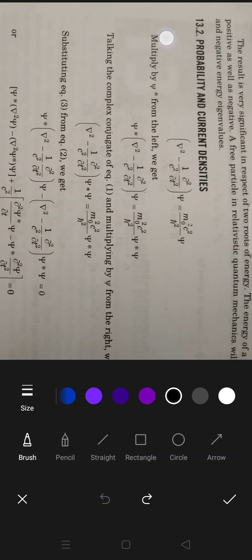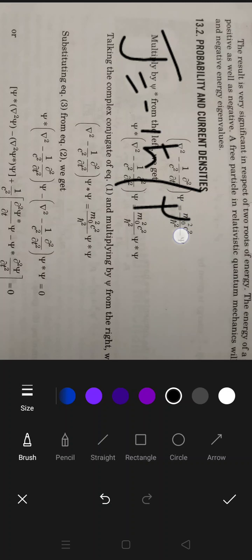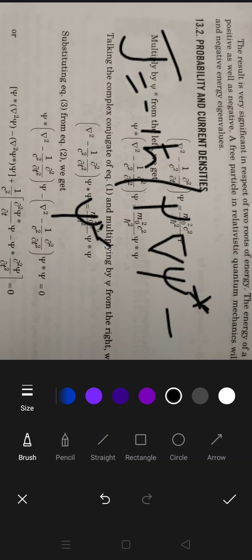Current density is represented by J, which is equal to minus i h cross, psi into del psi star minus psi star del psi. So this is the current density.